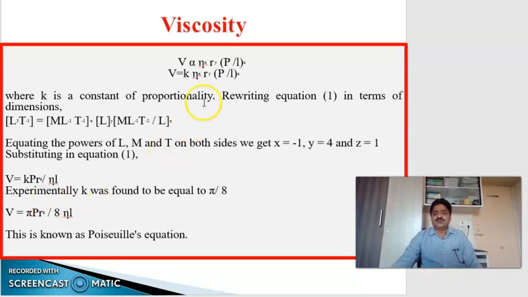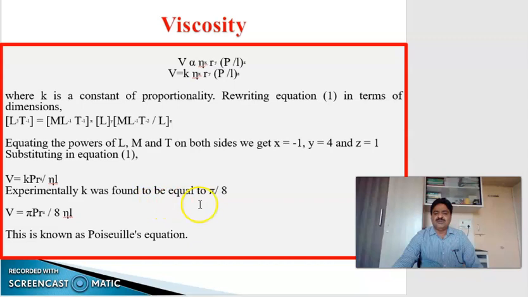V is directly proportional to eta raised to x, r raised to y, and P by L raised to z. Then we obtain, by removing this proportionality sign, V equals K eta^x r^y (P/L)^z. Rewrite the above equation in dimensional form. We obtain like this. Then x is minus 1, y is equal to 4 and z is equal to 1. Substituting the above values in our equation, we obtain V is equal to K P r raised to 4 upon eta L.